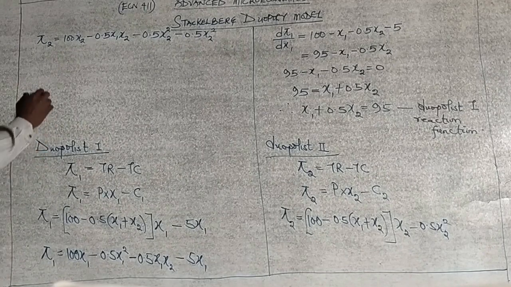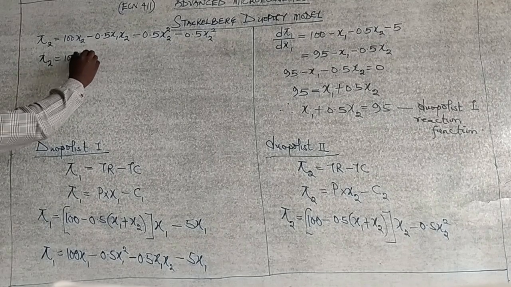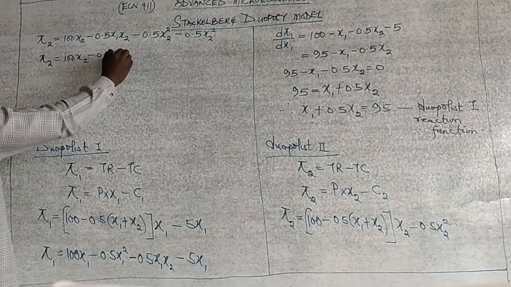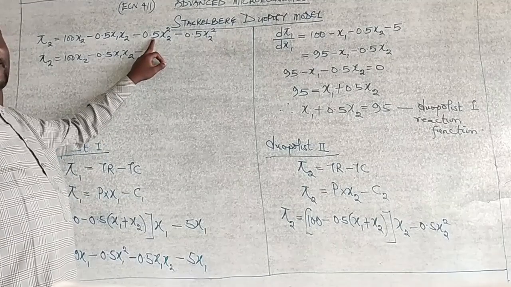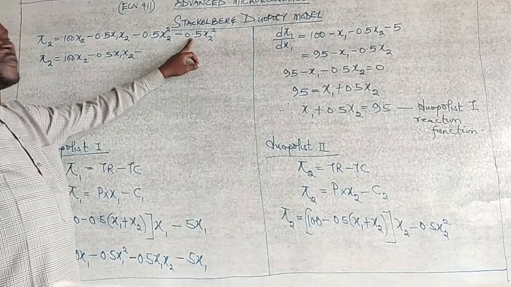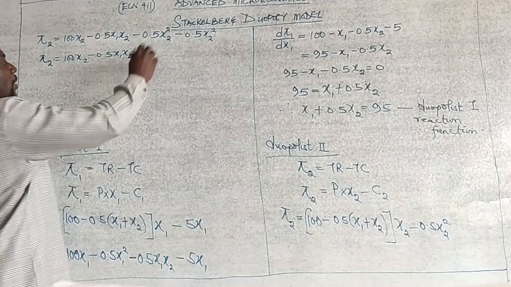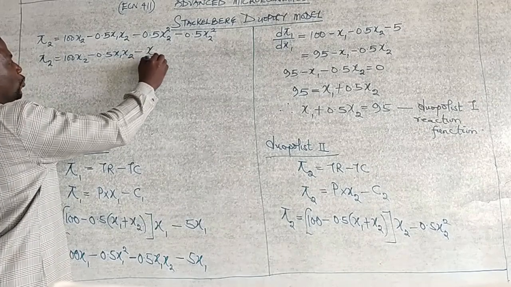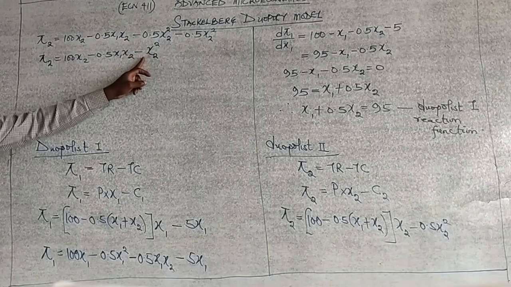Okay, let's tidy this up. Profit 2 will now be 100 x2 minus 0.5 x1 x2 minus 0.5 x2 squared minus 0.5 x2 squared. So it becomes minus x2 squared. Do you agree? Because there is a 1 here.